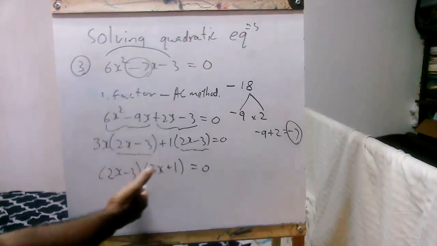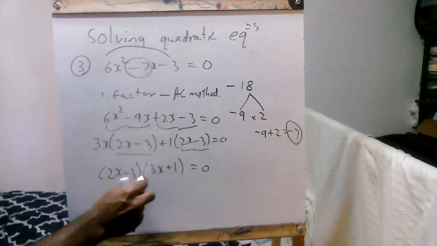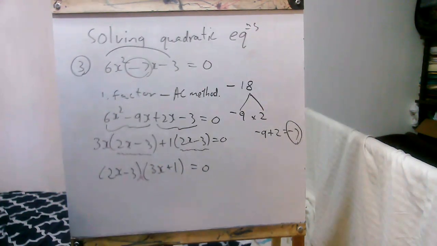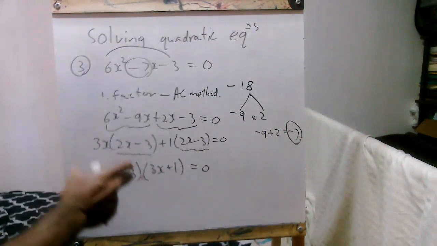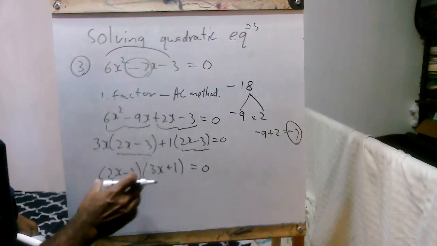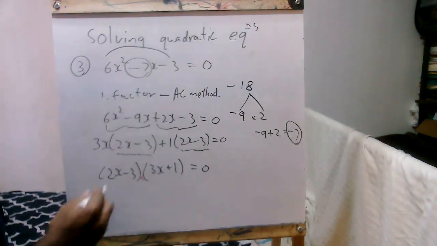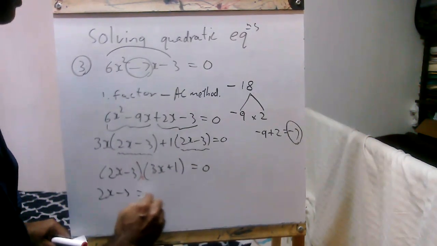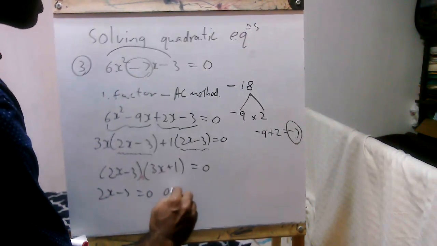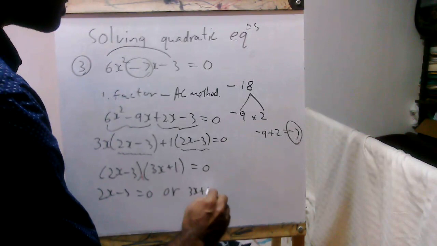Now we have a product between two terms. See two parentheses, that means in between we have multiplication. We have a product between two things, therefore we can set each to 0 according to the zero product rule. We can say either 2x minus 3 equals 0 or 3x plus 1 equals 0.